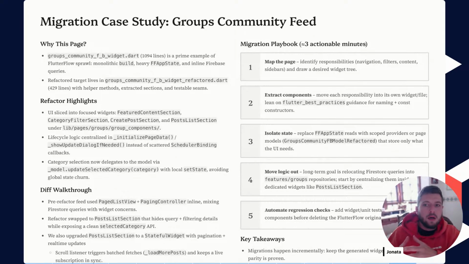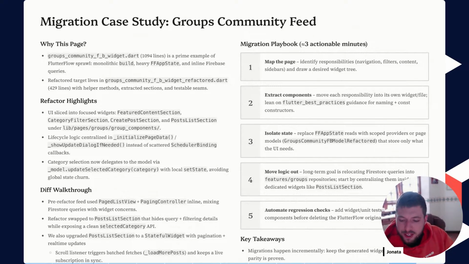But the monolithic build had a dependency on the Flutter Flow app state management, and also inline Firebase queries, all things that were happening inside this component that we got rid of. The refactored component now has 429 lines, so less than half, and has helper methods, extracted sections, and testable streams.